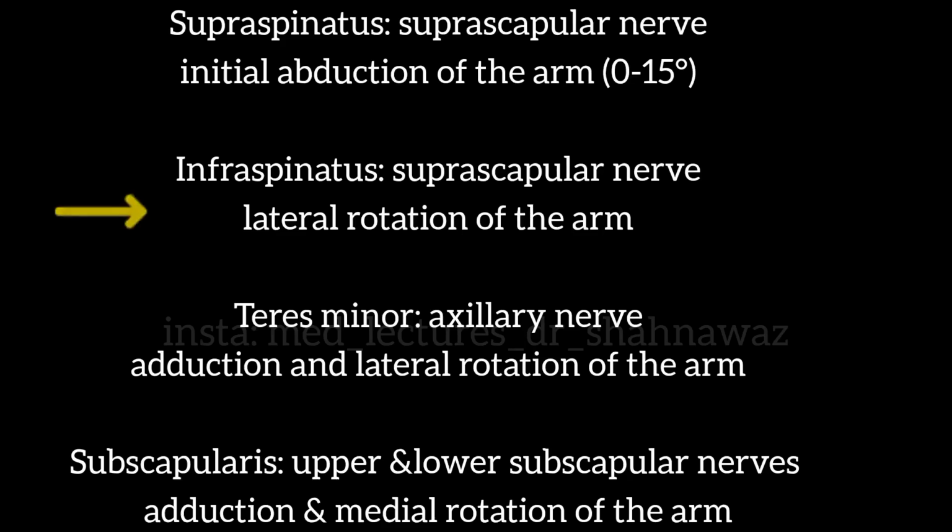Next is teres minor, innervated by the axillary nerve, and its function is adduction and lateral rotation of the arm.